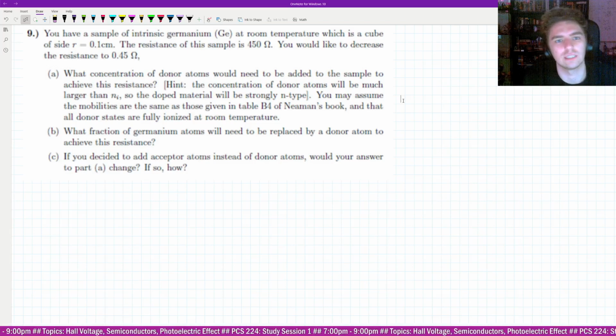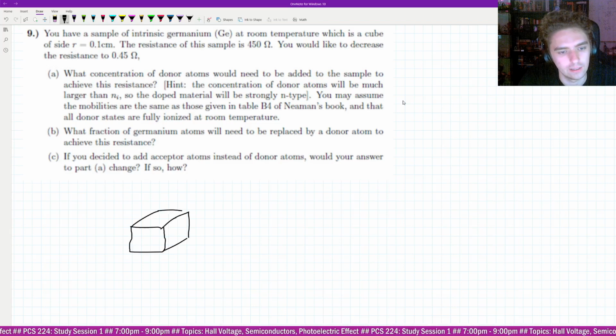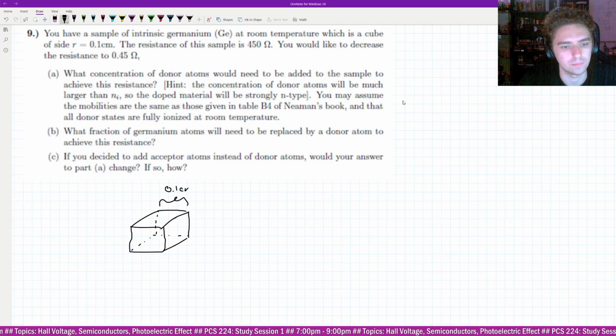Okay, so let me just, again, we have a cube of semiconductor, and we know all the side lengths here are all 0.1 centimeters.